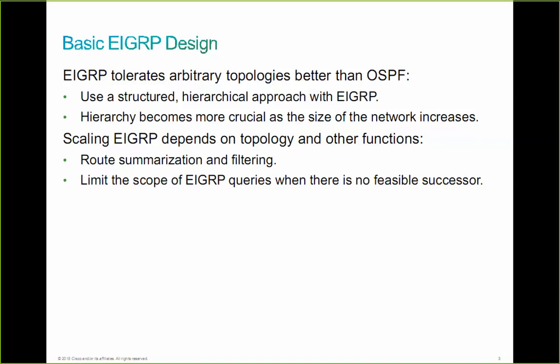But we still have to meet that feasibility condition. If the reported distance of that path is still higher than the feasible distance of my primary path, even though it might fall within the variance, it's still not going to be used as an alternate path. Right. We'll probably see that again a little bit later on.